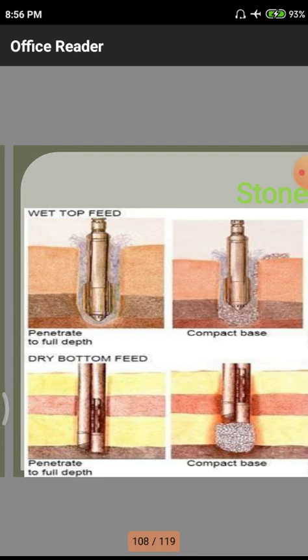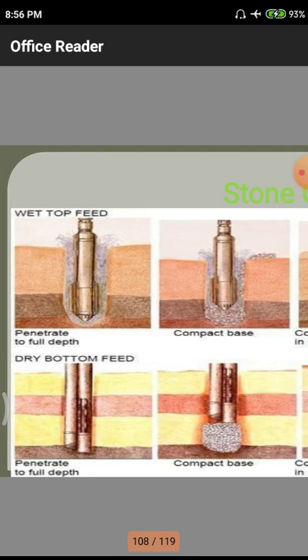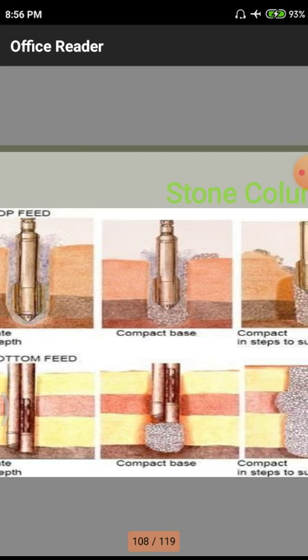They simply use auger boring. This is normal boring, so we are using these augers. Augers are used to make bores in the particular soils to the full depth. After the depth is reached, they fill the material with stones and other materials which are available cheaply nearby.